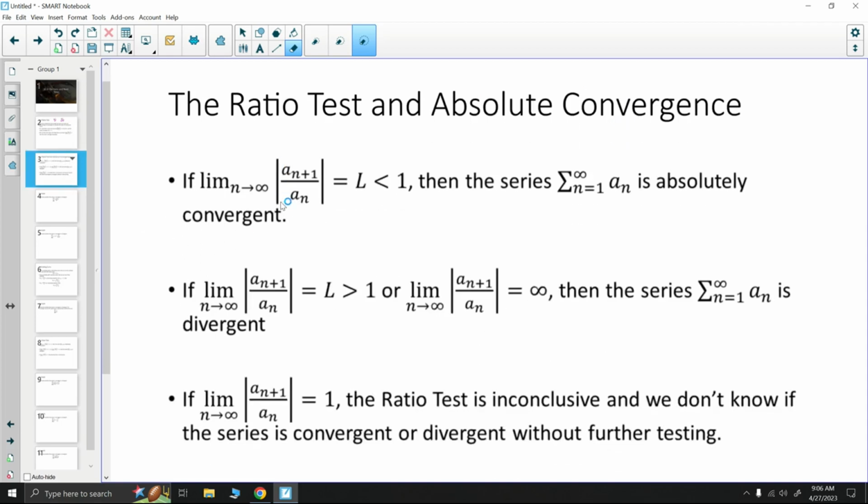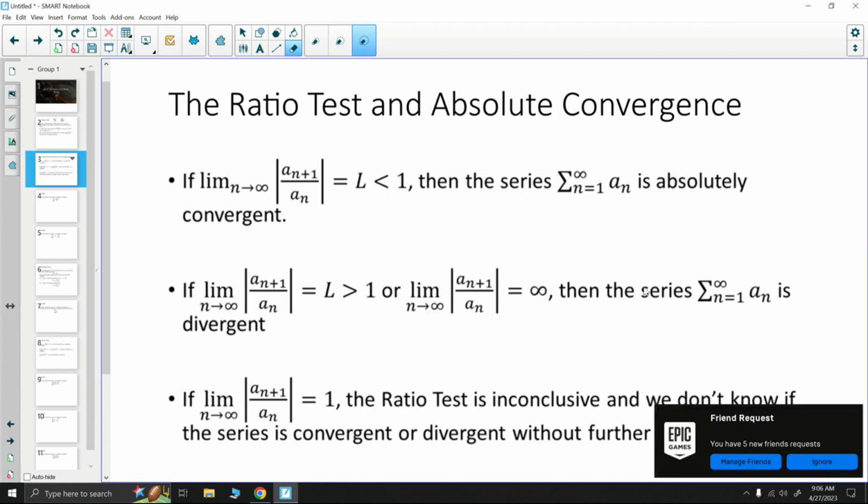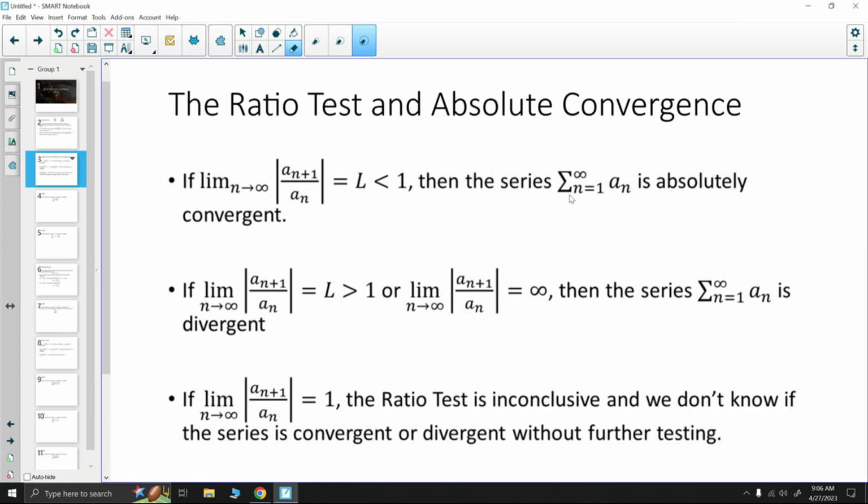If we can find this limit as n approaches infinity to be less than 1, then the series converges absolutely. And if it's greater than 1, then it diverges. Or if it goes to infinity, it also diverges. Infinity is greater than 1, technically. So if it's greater than 1, or equal to infinity, then it's divergent.